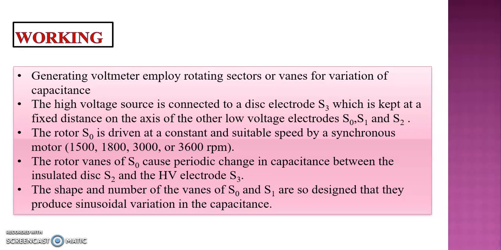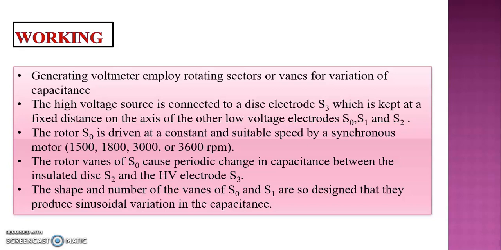So the rotor S0 is driven at a constant and suitable speed by a synchronous motor. The speed can be 1500, 1800, 3000 or 3600 rpm. So the rotor vanes of S0 cause periodic change in capacitance between the insulated disc S2 and the high voltage electrode S3.